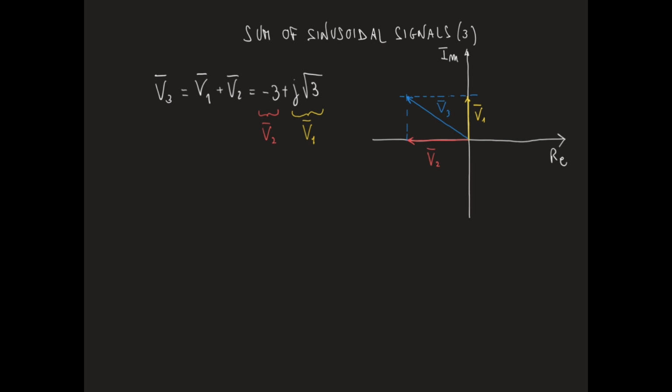Remember that a complex number z can be written in a rectangular form as a plus jb, where a is the real part and b the imaginary part of the complex number, or in a polar form rho times e to the j phi, where rho is the modulus of the complex number and phi is the phase.